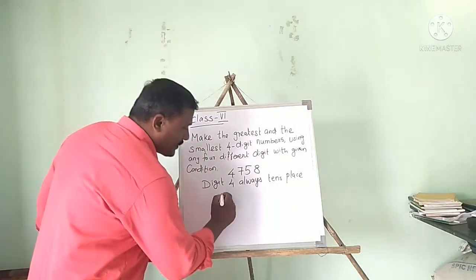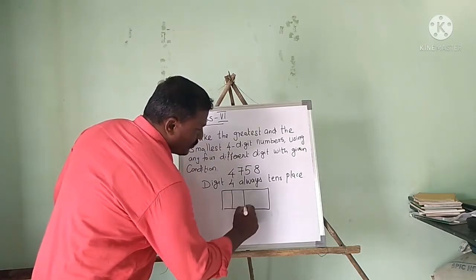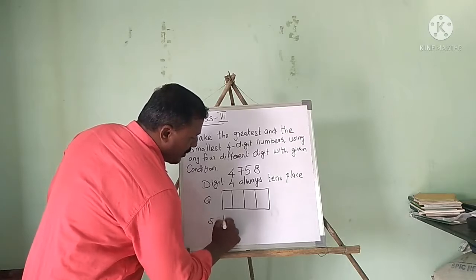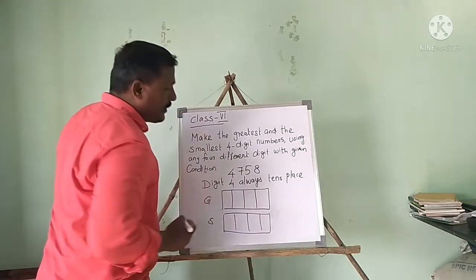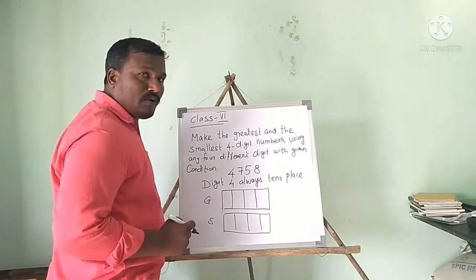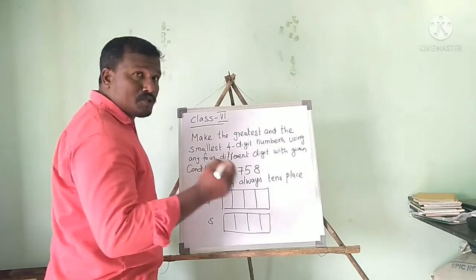Let me see. First I will draw the boxes 1, 2, 3 and 4. This is for the greatest number, then the smallest 4-digit number for this box. Okay, now you know very well, when you make the greatest 4-digit number you write in descending order, which means big to small.